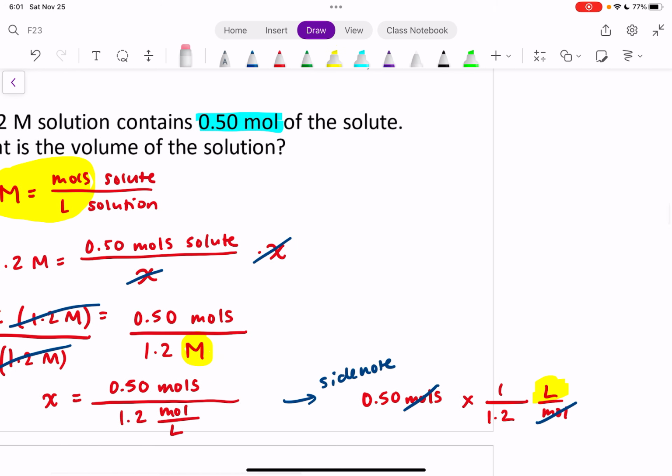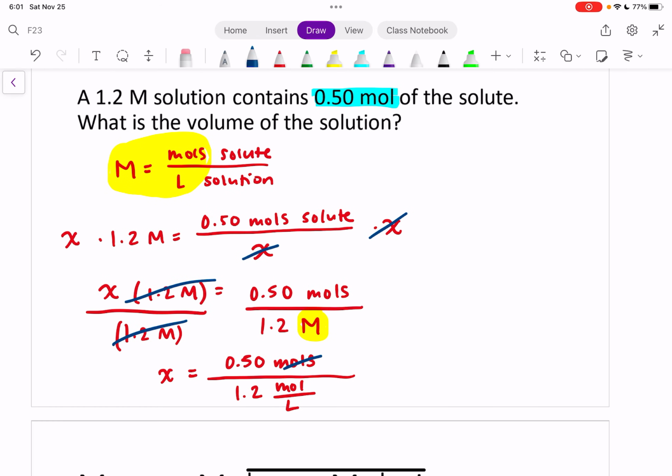Okay, so I'm going to erase my side note here. Those moles are going to cancel out, and I've got to get a number out of this. So 0.50 divided by 1.2 is going to give me 0.41. Let's go 0.42, just rounding to 2 sig figs.